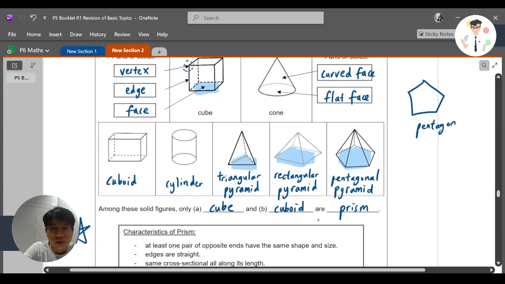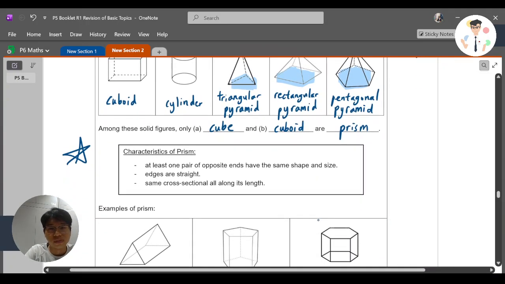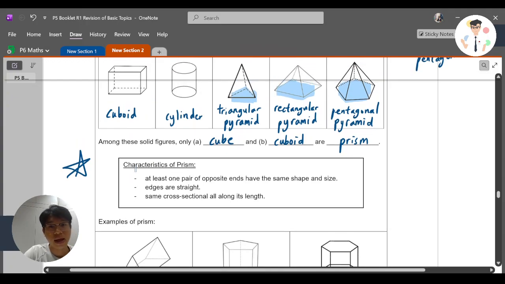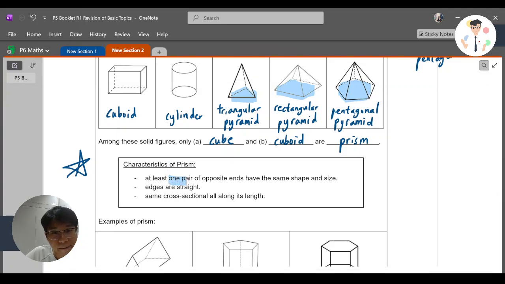Then the question now is, what is a prism? Now, in order to be called a prism, a special name, you must satisfy these three requirements here. Okay? Now, first, at least one pair of opposite ends have the same shape and size. Same shape and same size, basically.